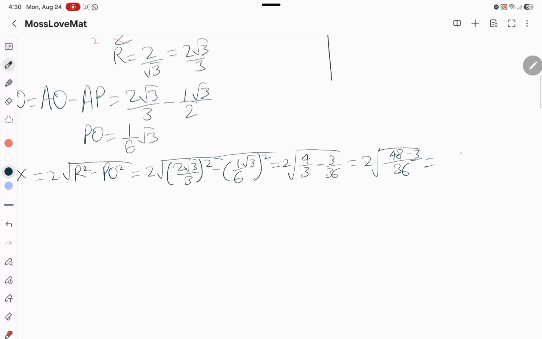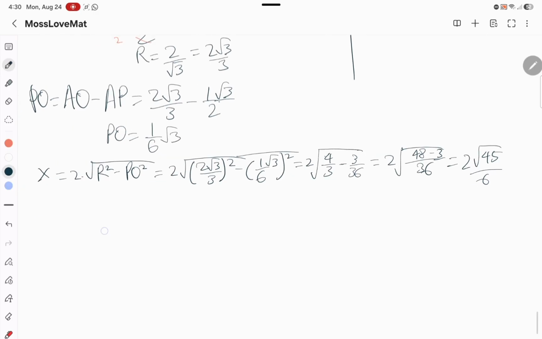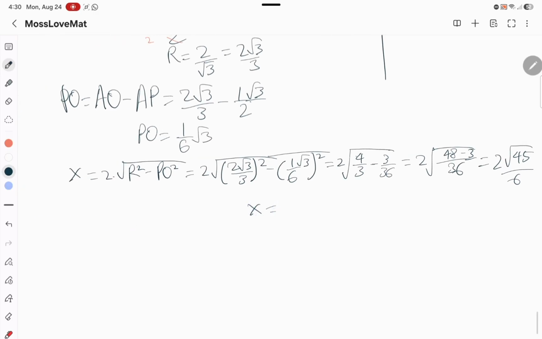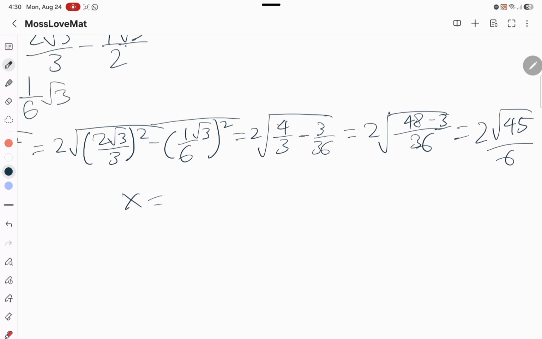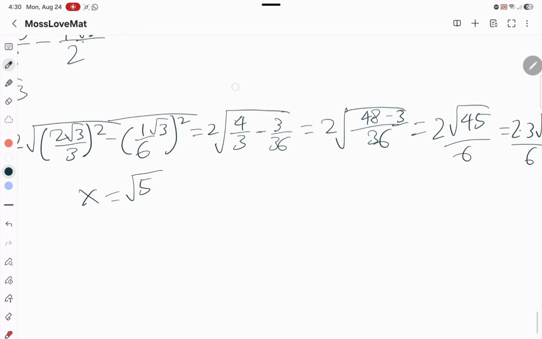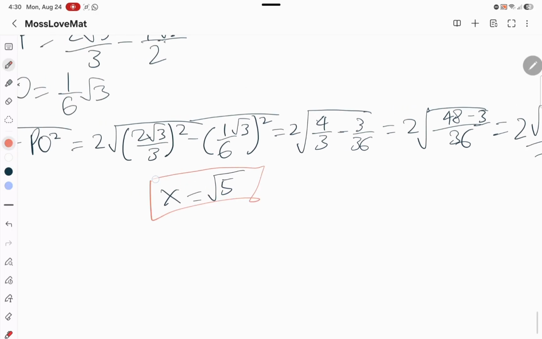We get that the chord is 2 times root of 45 over 6. The root of 45 is equal to 3 times root of 5. So x, the length of the chord, is root of 5. This is the final answer.